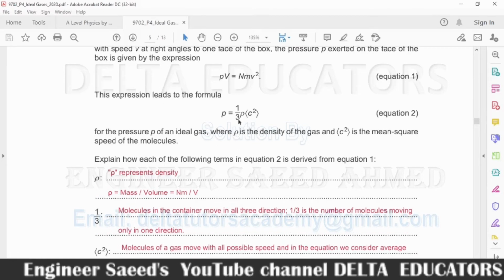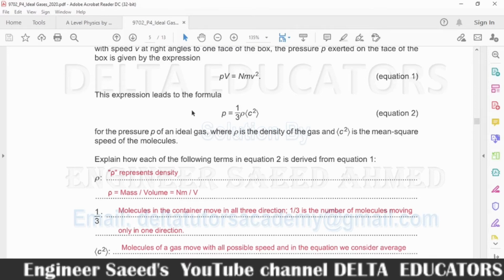What is meant by 1 over 3? In a container, we have gaseous molecules, and these molecules are moving randomly in all possible directions. We have three possibilities: the molecules are moving either along the x-axis, the y-axis or the z-axis. We have only three axes, x, y and z.